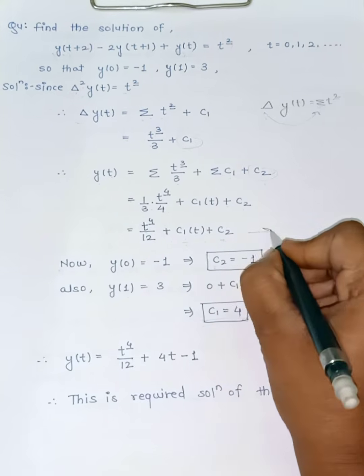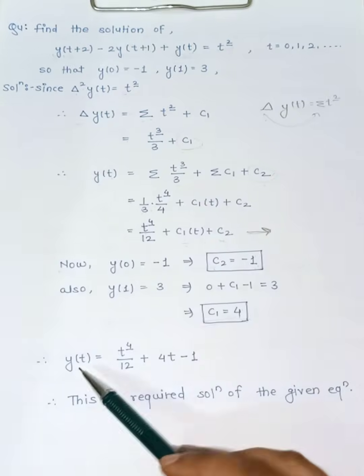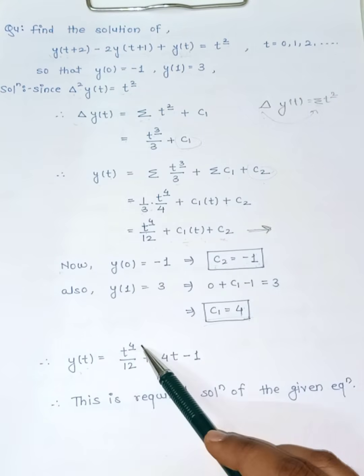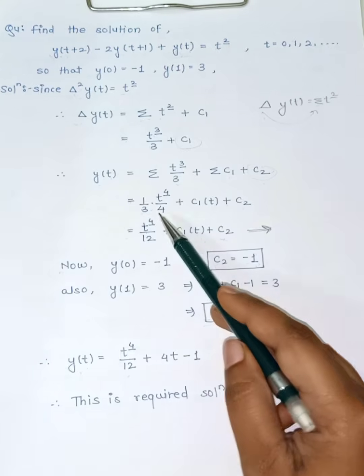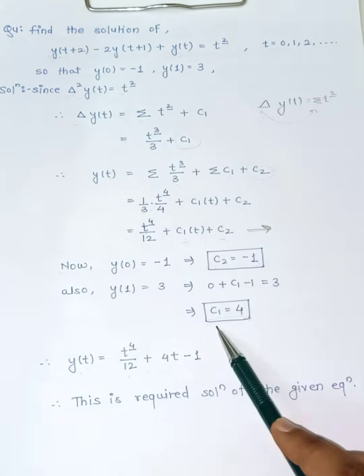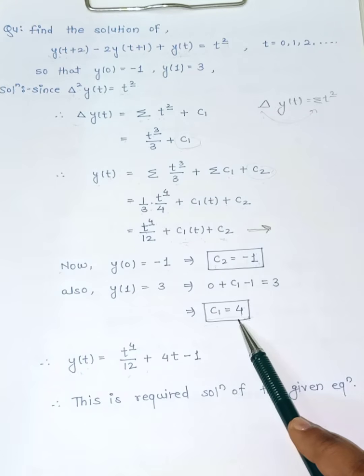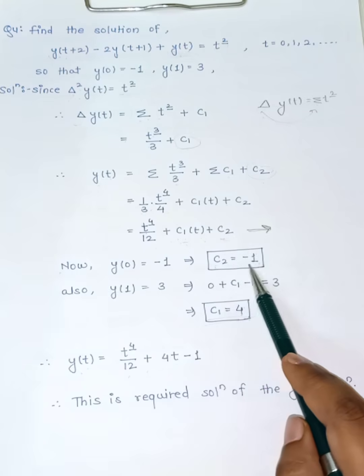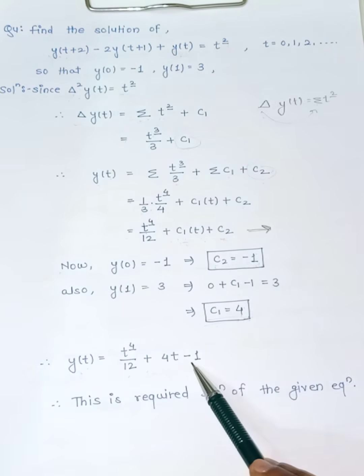Into this equation, what it becomes is y of t equals t to the falling 4 by 12, this is as it is, plus c1 is 4, so 4t, and c2 is minus 1, so 4t minus 1.